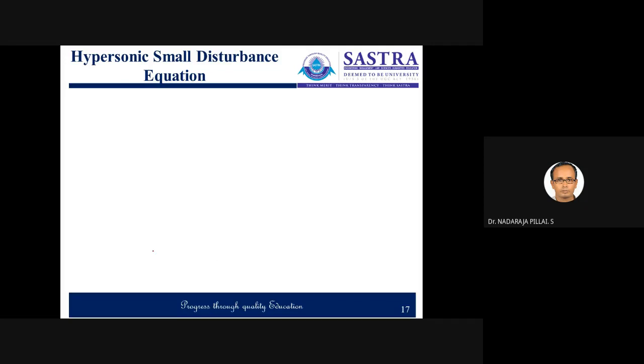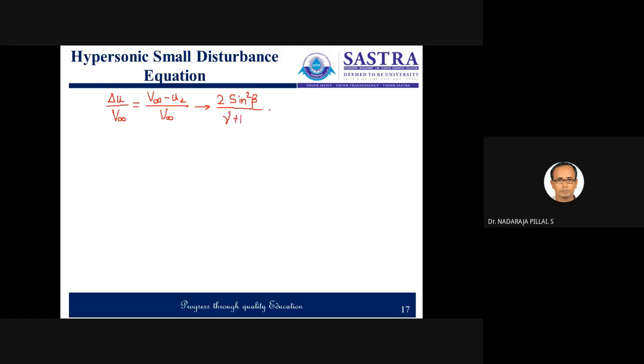So let us now calculate del u by v infinity. We can write v infinity minus u2 by v infinity. So finally we can write this as 2 sine square beta by gamma plus 1.